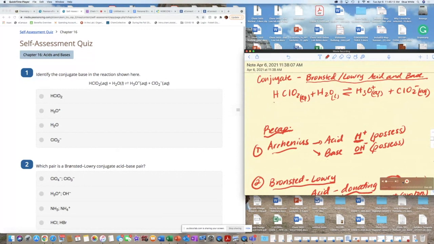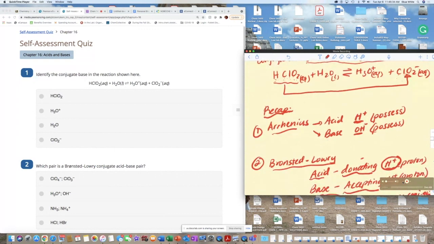So let's see. I'll start with the formula on the left, HClO2. HClO2, I'm going to track it and see what happens to it on the right. Oh, here it is. This becomes that, right? Because I can see the HClO2. On the right, I have ClO2 minus. Okay, now I have to ask myself, did HClO2 donate, transfer, whatever?